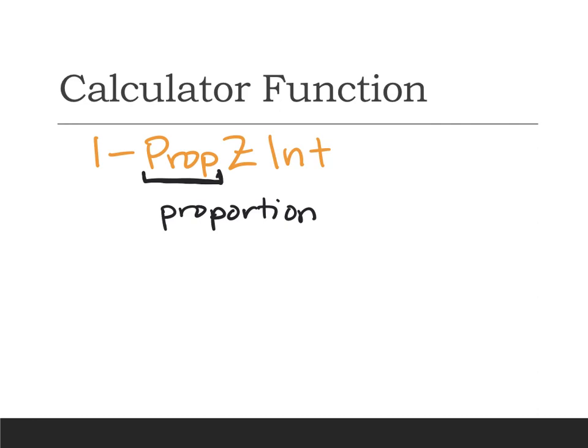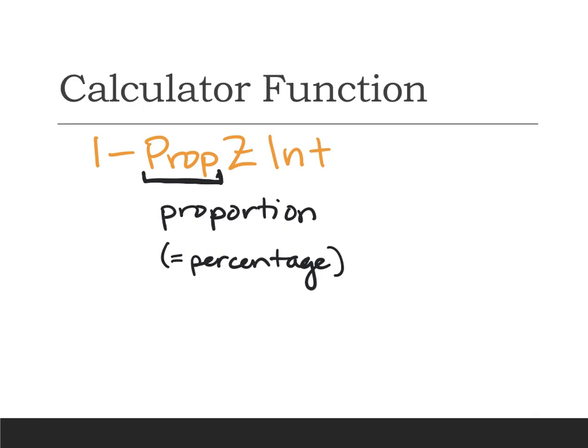And so you may not know right away, just based on the section that you're working on, which function to use in the calculator, but this tells us if we're dealing with a proportion, if we have a percentage or a proportion, then we're dealing with a 1 prop z int.